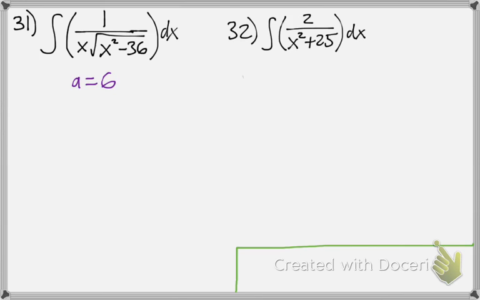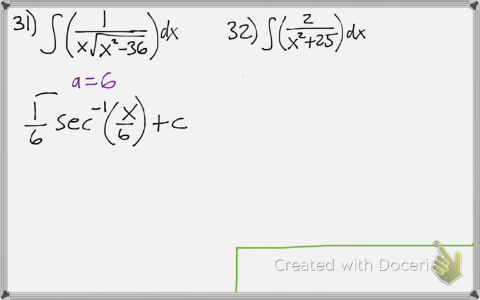So my integral is going to be 1 over 6, and this will be inverse secant of x over 6, plus c. So I'm really just following the formula.